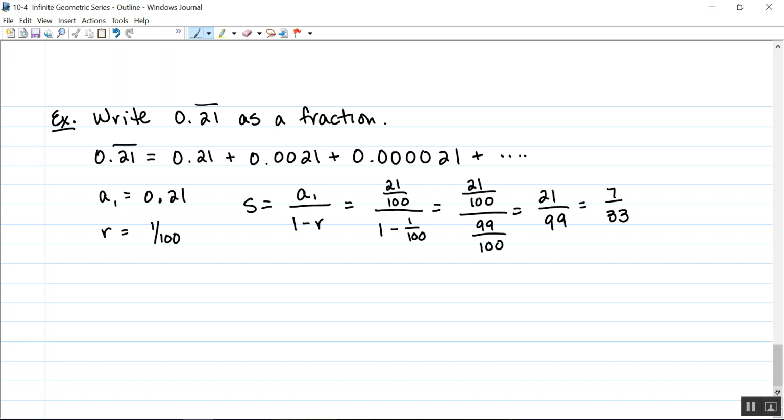Now there actually is another way that you can do this, and this is kind of funky. So if we say x equals 0.21 repeating, that means that x is equal to 0.2121, and so on. Multiply both sides by 100, and I chose 100 because I have two decimal places, which is the hundredths.